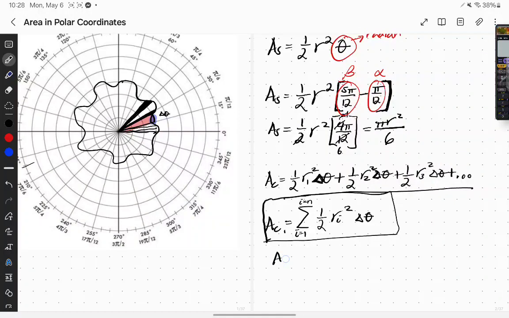So our area of the curve is equal to the limit as delta theta approaches 0 of the summation of 1/2 r sub i squared delta theta from i equal to 1 to i equal to n.